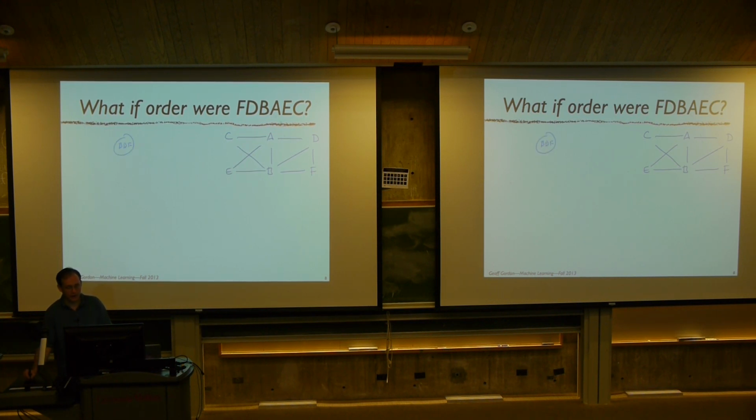And then you eliminate D, which adds A, and so you'll have A, B, D as your next clique. Right, then you eliminate B, which adds E as a neighbor, A, B, E, right? And then you eliminate A, which adds C as a neighbor, which is, I guess, A, B, and C, right?